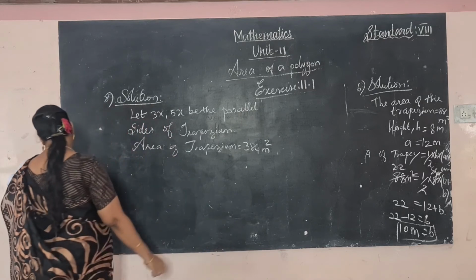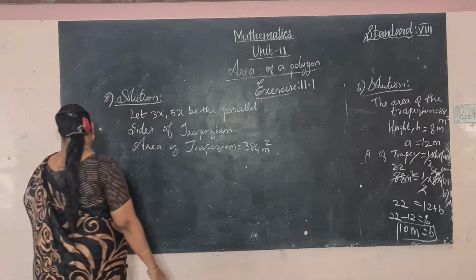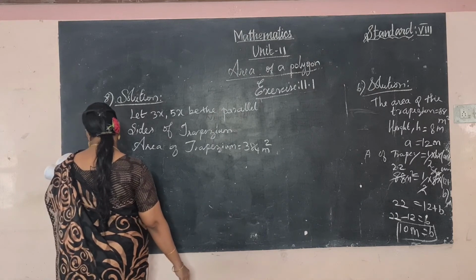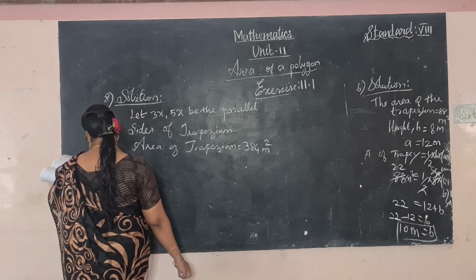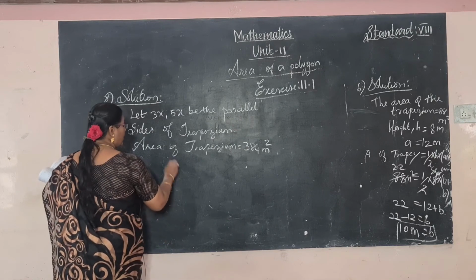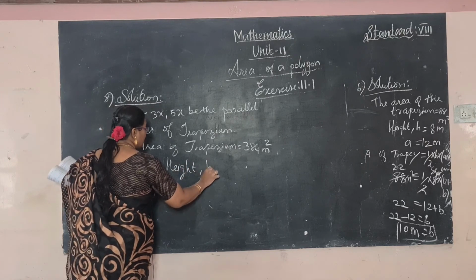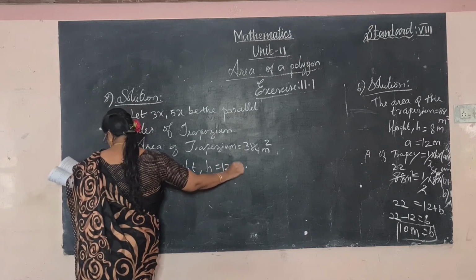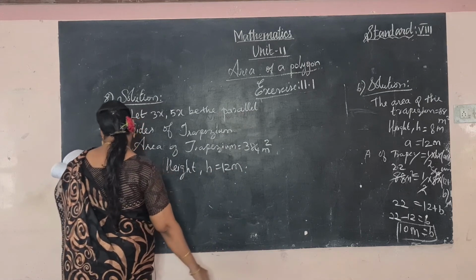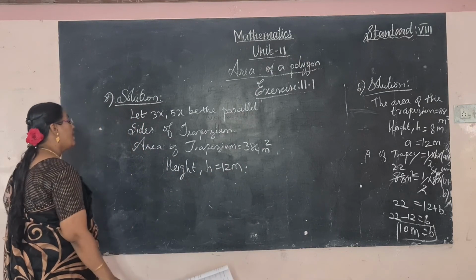If the distance between the two parallel sides is 12 meter, so height is given. Height h is equal to 12 meter. Find each parallel side.